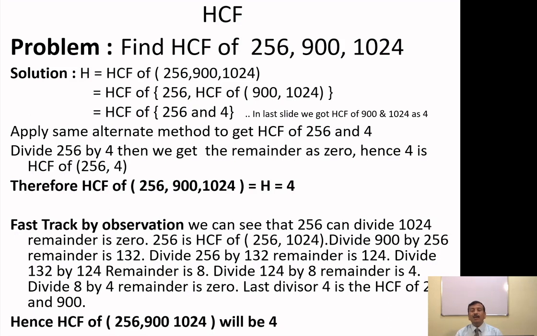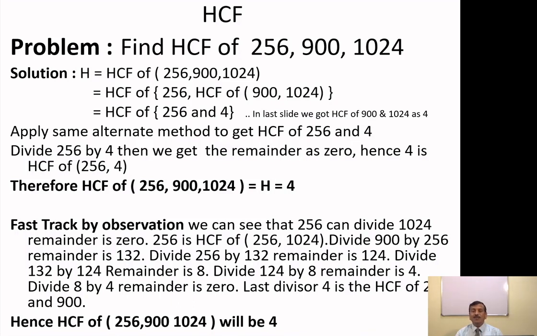Now let's see an extended example, to find the HCF of 3 numbers: 256, 900 and 1024. The concept is very simple. The HCF of these 3 numbers is equal to the HCF of 256 and the HCF of the remaining numbers. So we are reducing the problem. The HCF of 900 and 1024 we already obtained in the previous slide.